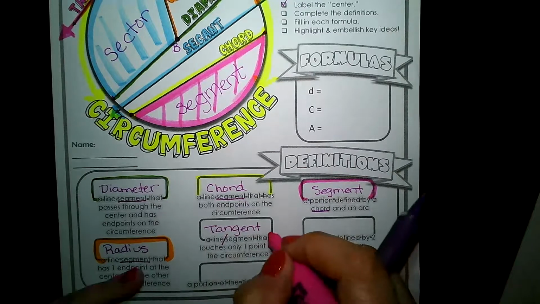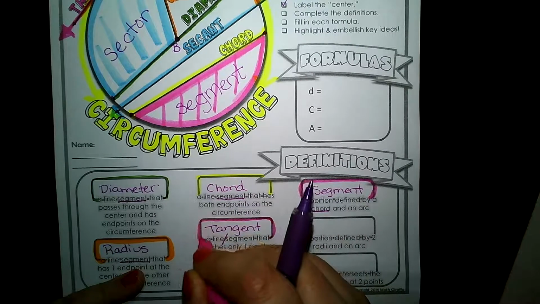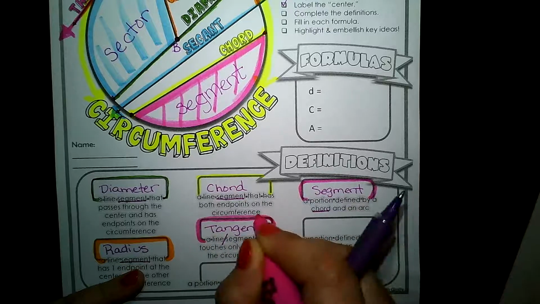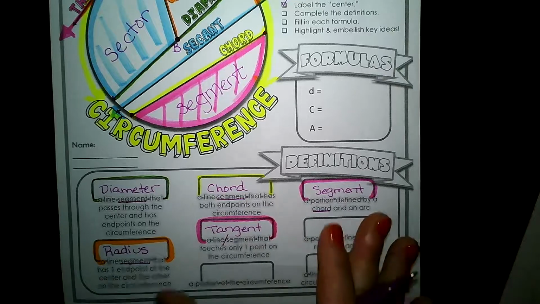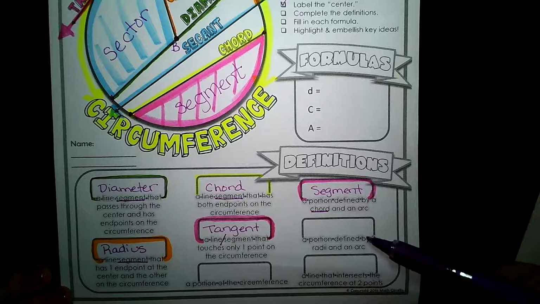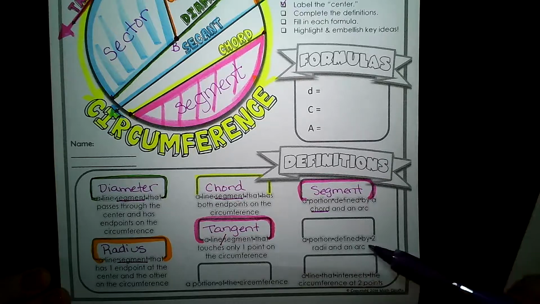That is a tangent line. Not the same type of tangent necessarily that you learned about, the tangent function in right triangle trig. This is a tangent line.